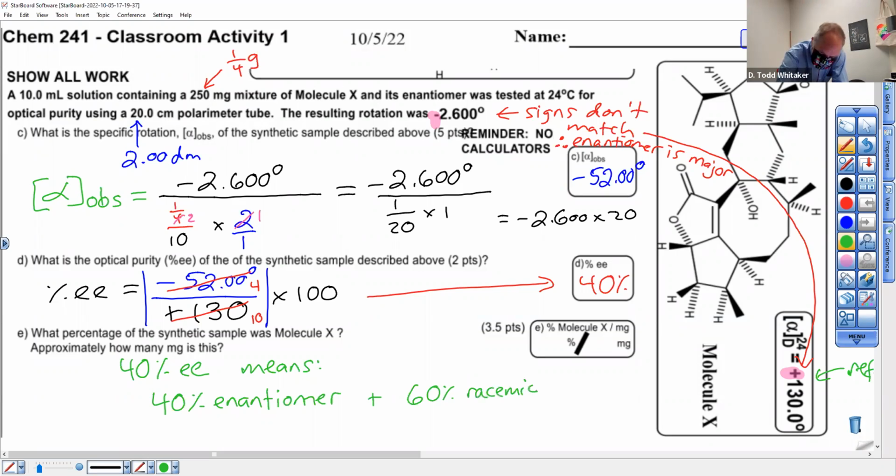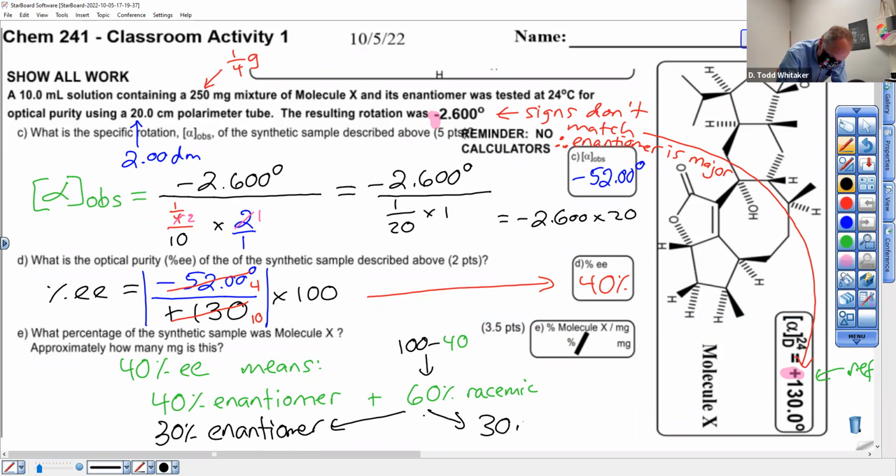And I get students always asking me, where the heck did the 60 come from? 100 minus 40 is where I got 60. Okay, that breaks down to 30% more enantiomer. And 30% molecule X. And that's all we're concerned about in this question.